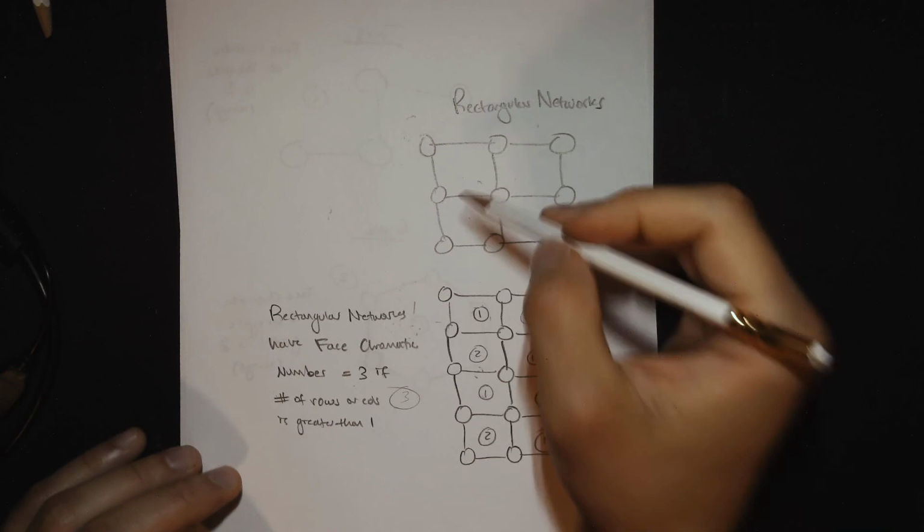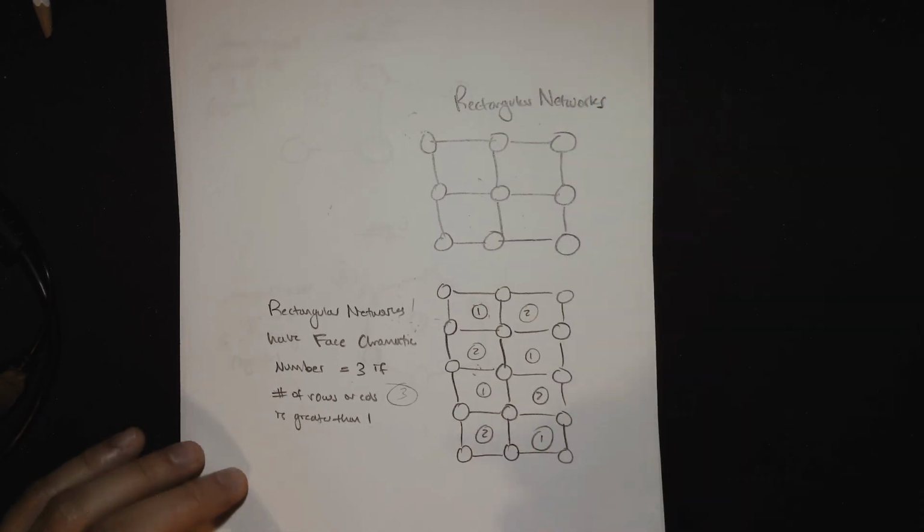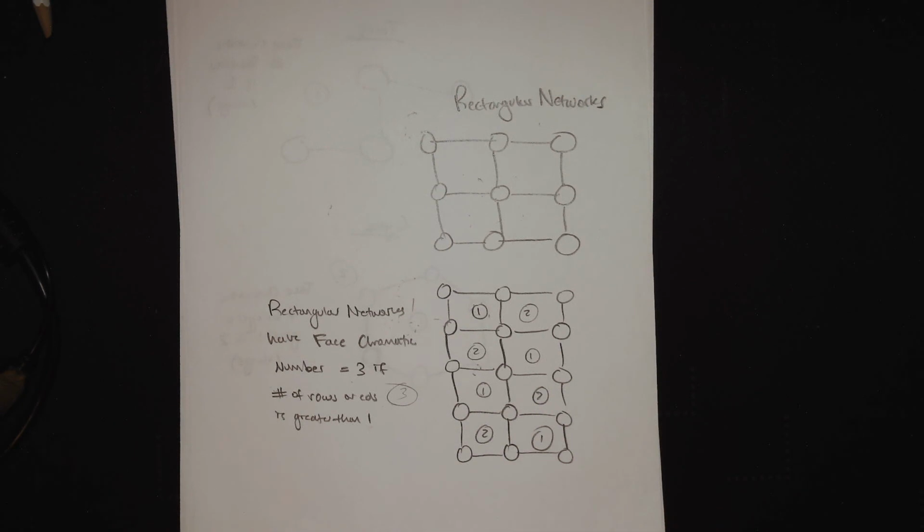Okay, so if either the number of rows or columns of the rectangular network is strictly greater than 1, we have that the face chromatic number is going to be 3, right?